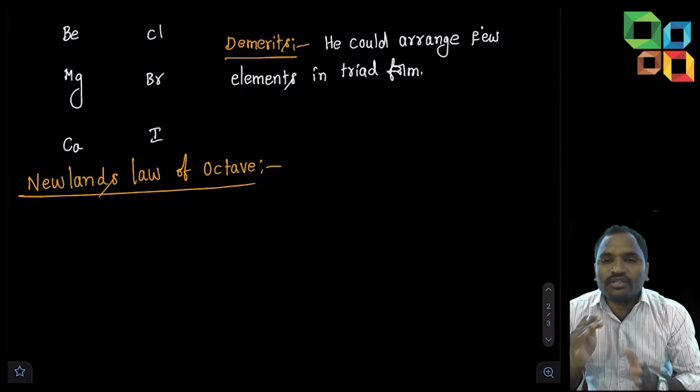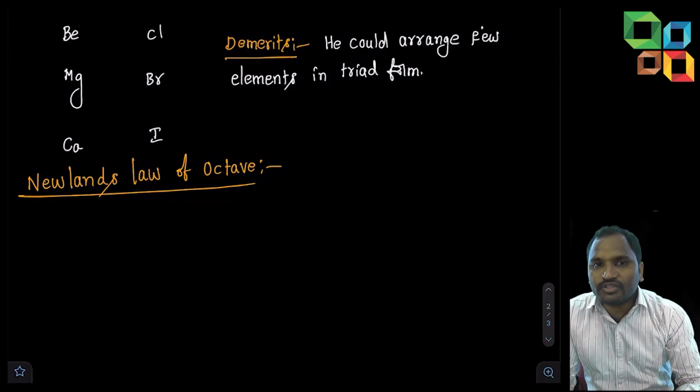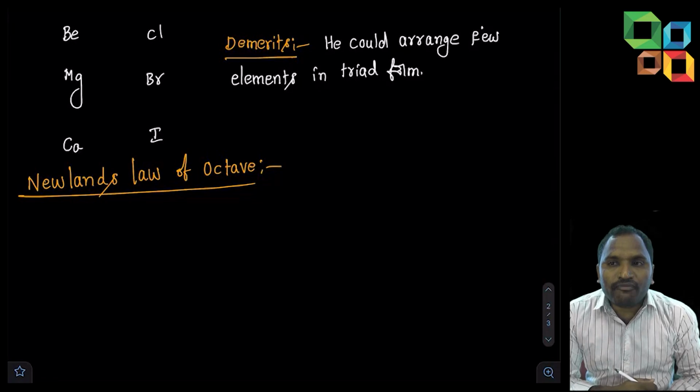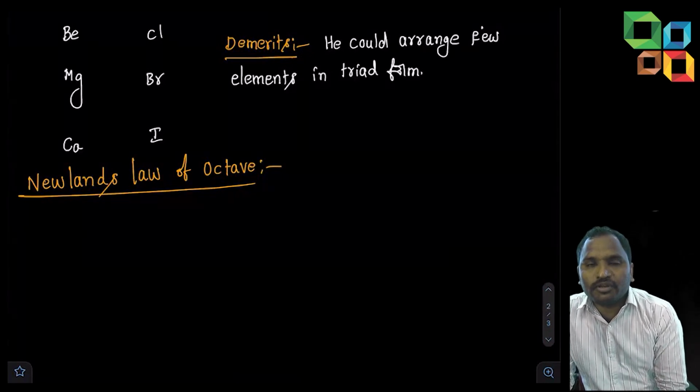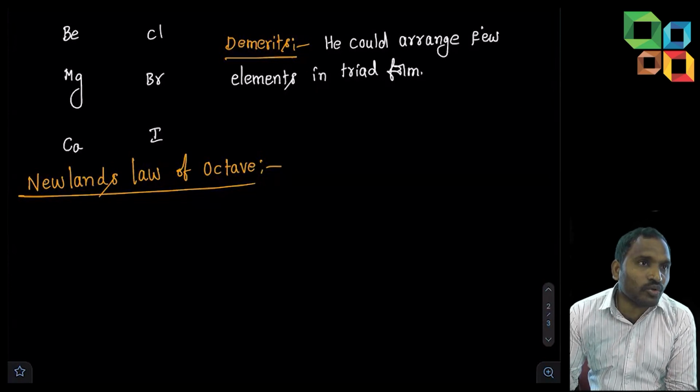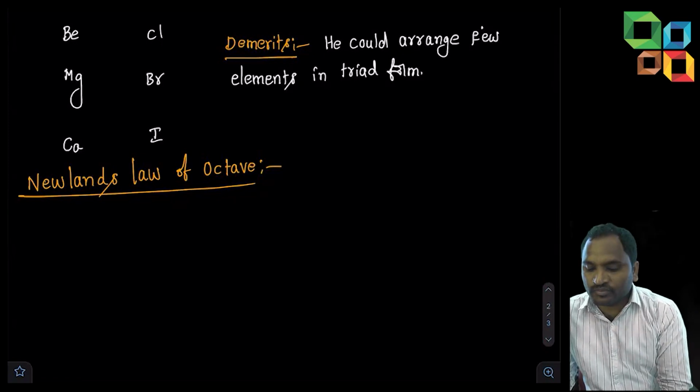If we arrange elements in increasing order of atomic weights, every eighth element shows the properties of the first element. That means repetition of the properties of elements occurs at every eighth element. So it is called the octave rule.